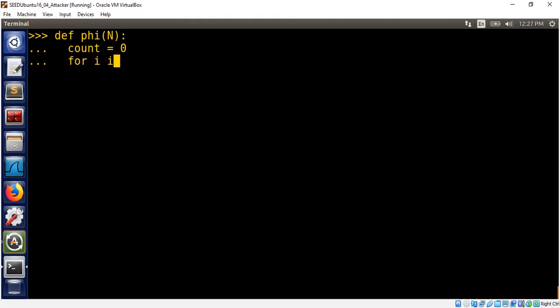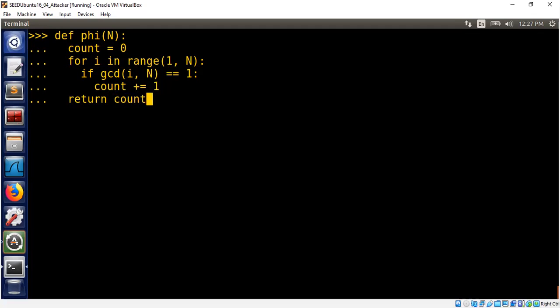For i in range 1 through n, which means n will not be part of the set, if GCD of i comma n is equal to 1, we increase the counter, and then we return the count. Let's see whether we can print now at least pi of n. Pi of n is 24.